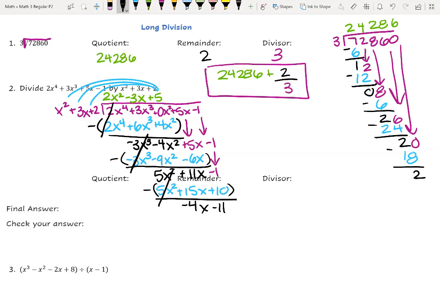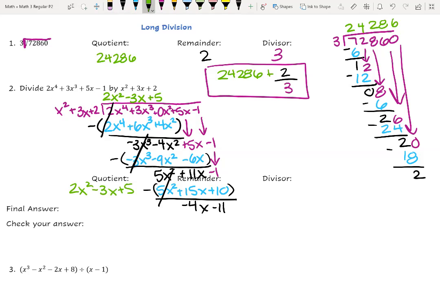All right, and I know I'm done because the degree on this, the exponent, is like x to the first. The degree is 1, which is less than this x squared. So as soon as the degree down here is less than what you were dividing by, then you know you can stop there. All right, so I'm going to put in green here my quotient, which is a polynomial 2x squared minus 3x plus 5.